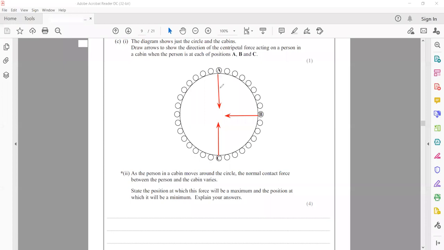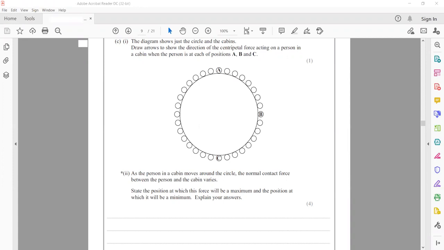So the person who's inside this cabin is experiencing a normal contact force. We have to identify at which position the normal contact force is minimum and at which position it will be maximum.